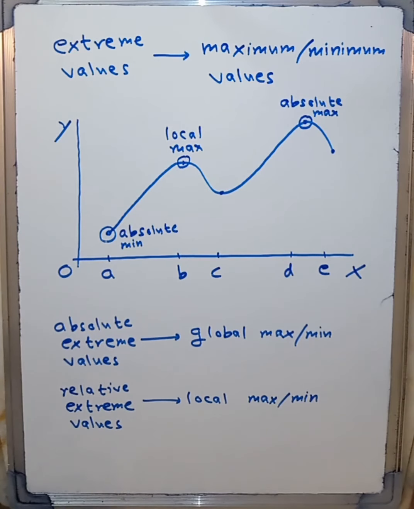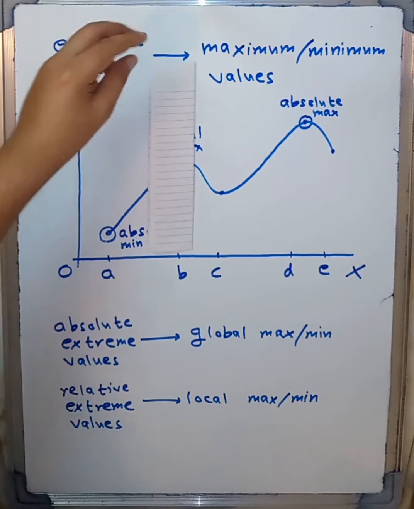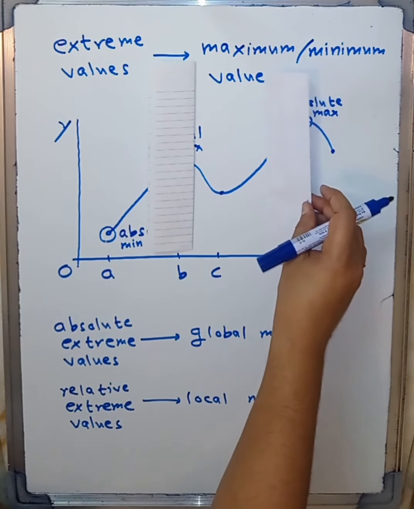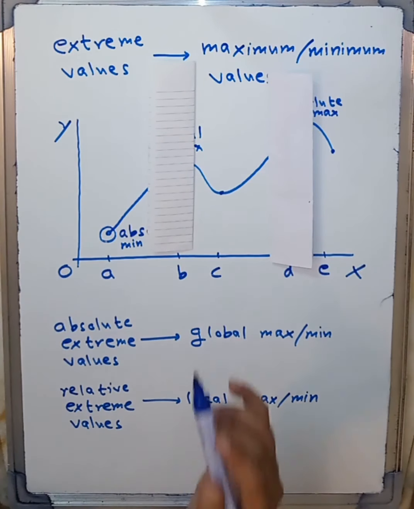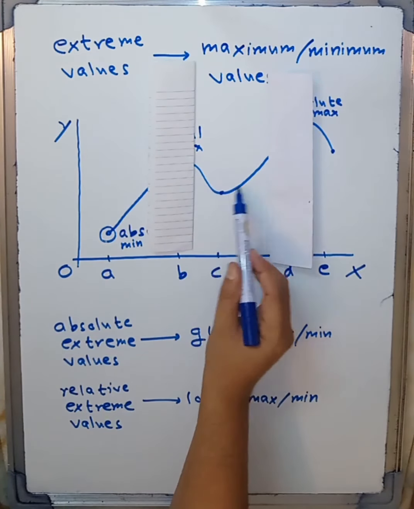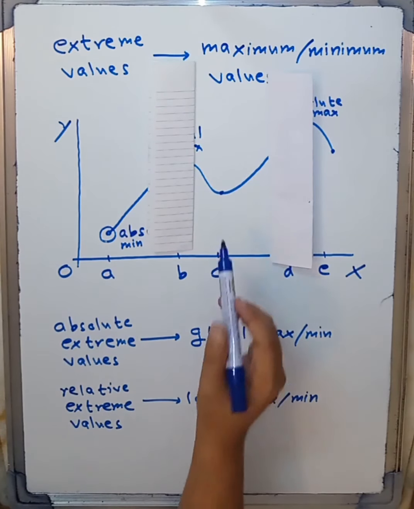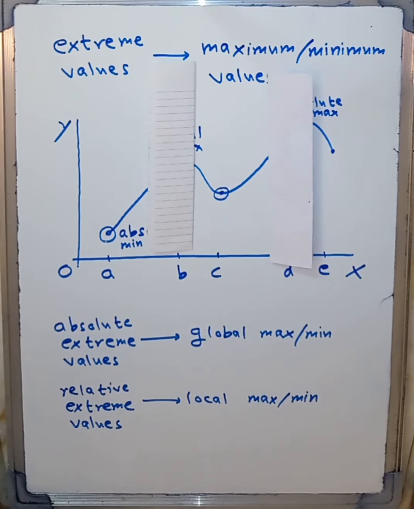Same way, again, if I use my pieces of paper, I hide the graph. Now if I observe this part of the graph, again the value at the point C is the minimum value in its neighborhood.